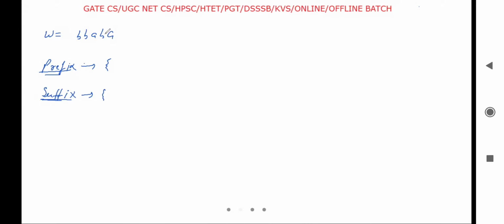Okay, so let's see the prefix of this one. Before this one it can be null, so for prefix we'll start from the left hand side and see the 0 length string, 1 length string, 2 length string, and so on. So here the 0 length string is null. After that the 1 length string is b, and after that it is bb.